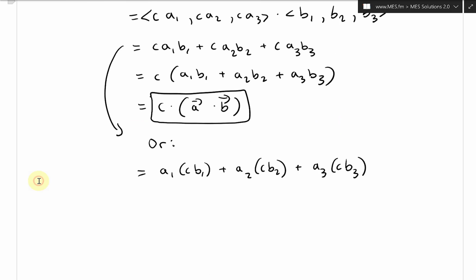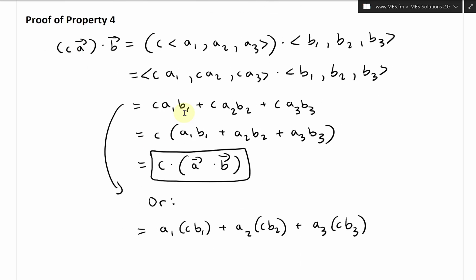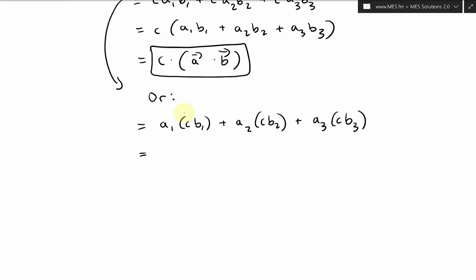So in other words, just for completeness, let's make it match this setup here. This just equals the vector with components a1, a2, a3, dot c b1, c b2, c b3, etc., like that.